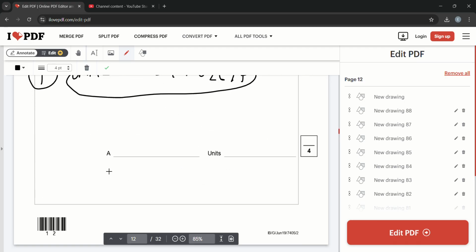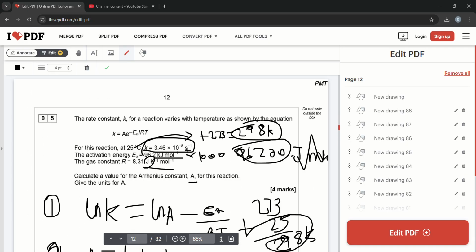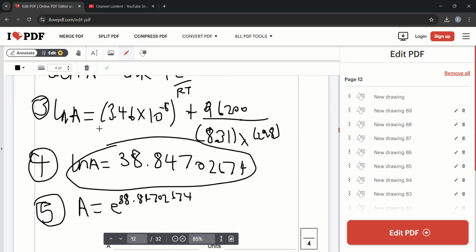But we're trying to find A, so A equals the inverse of this, which is e to the power 38.84702674. The same way we took the natural logs to get rid of the e, we're going to use e to get rid of the natural logs.